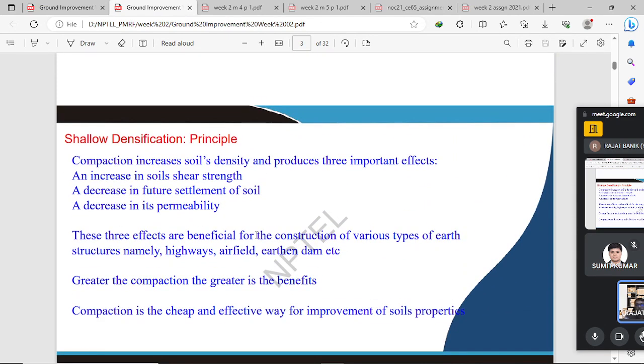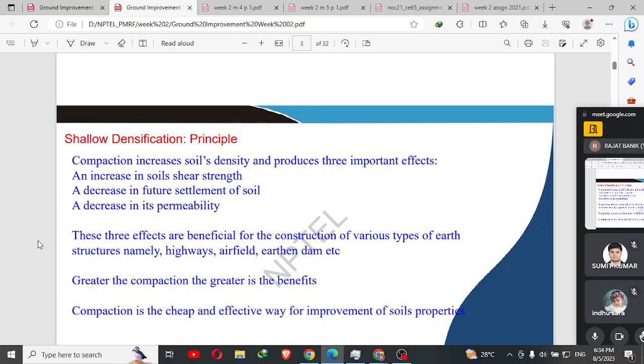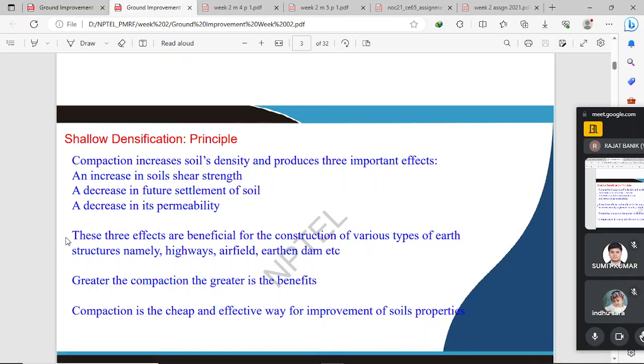Moving ahead, we now discuss the principle of shallow compaction. Here in principle, we see three effects. In shallow densification, we mainly use it to improve three things: strength, settlement, and permeability. In compaction, we apply mechanical energy.